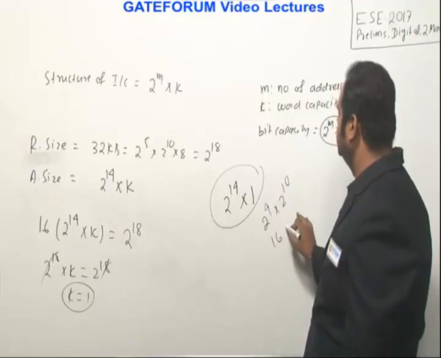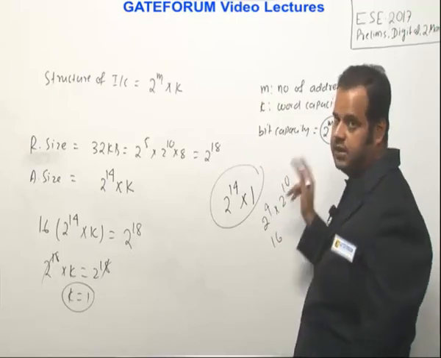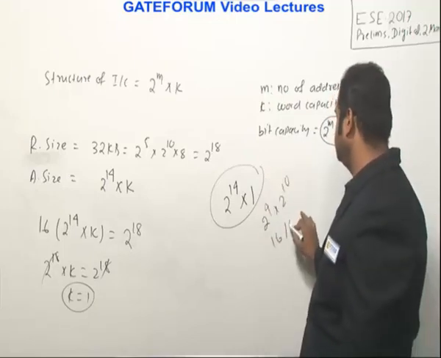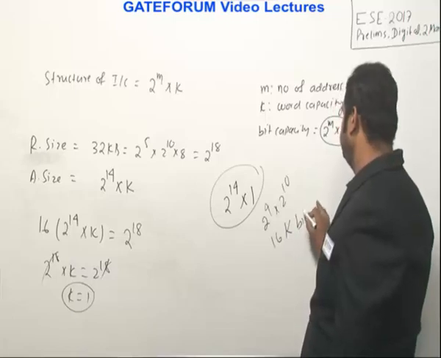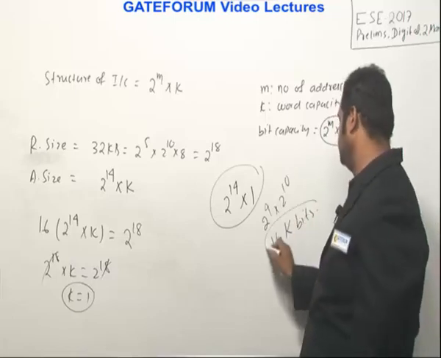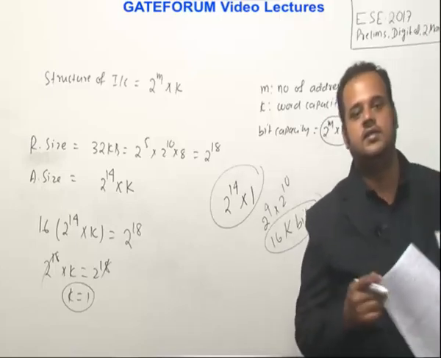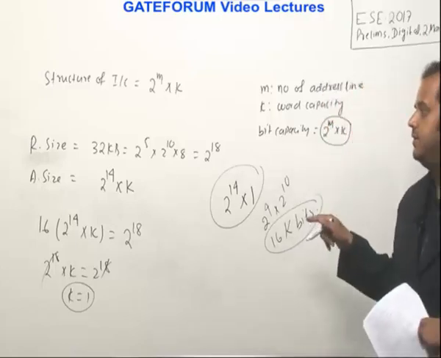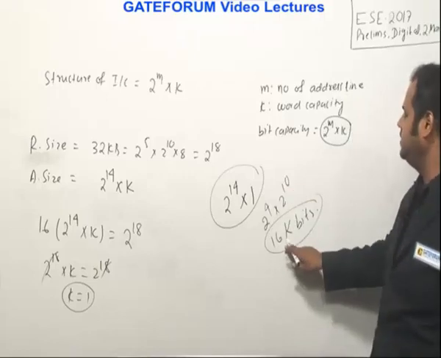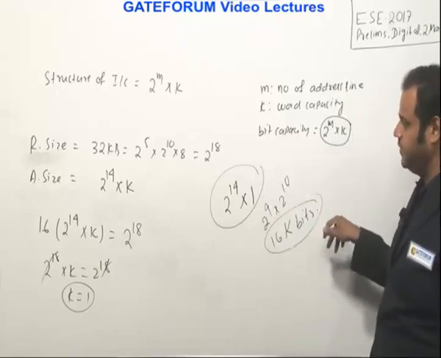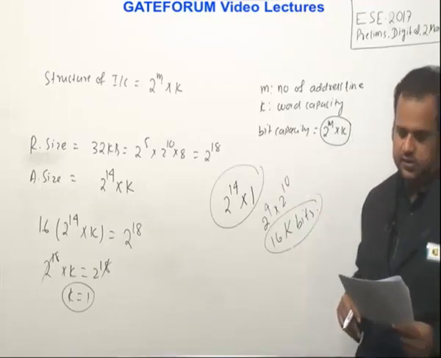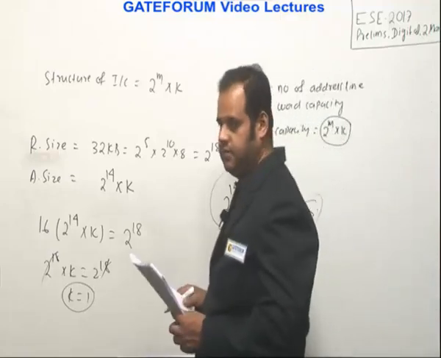This is 16 and this is 1K, 1 kilo. So this is 16K bits. So the IC capacity of the 16 ICs being used is 16 kilobits, not kilobytes, please. This is kilobits, which is given in option B, and B should be the right answer.